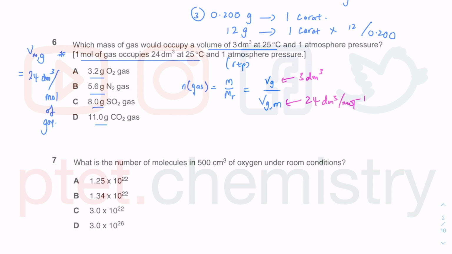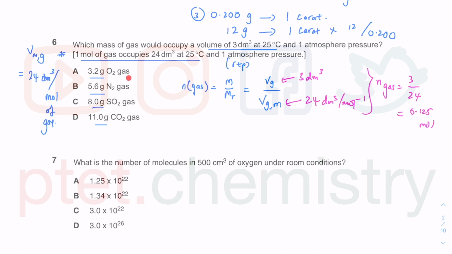I don't know the masses, so I can work out 3 over 24, 3 dm³ divided by 24 dm³ per mole, which gives 0.125 mole.